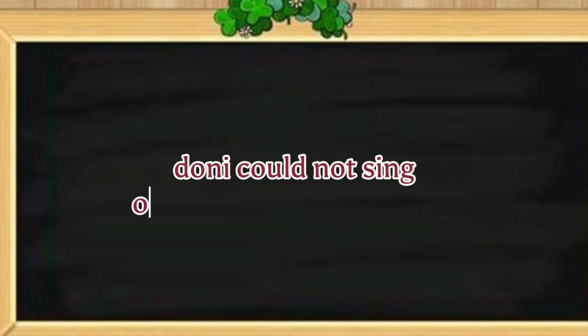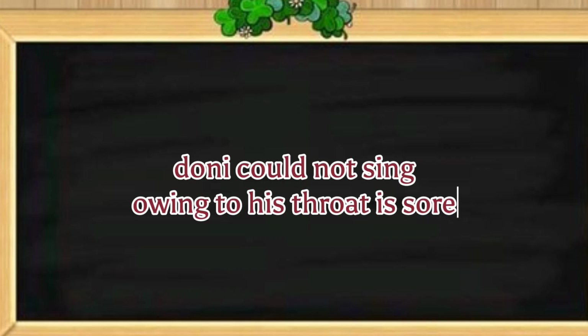Johnny can't sing because his throat hurts. After "owing to" comes a noun or noun phrase. "His sore throat" is not a sentence, okay? Johnny can't sing because of a sudden sore throat.